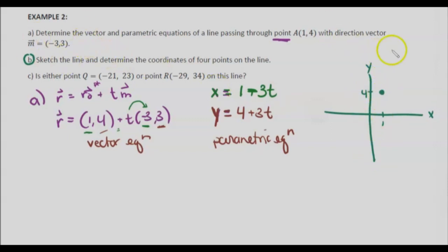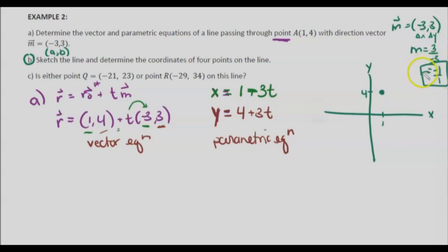Now, we want to apply the direction vector -3, 3. If we remember, this is A, B. So the direction vector -3, 3 is going to be our delta x, and this is going to be our delta y. So it's as though we have a slope of 3 over -3, which is just -1 over 1.